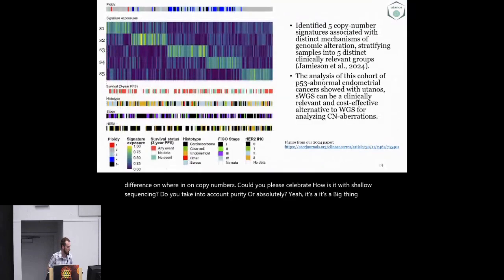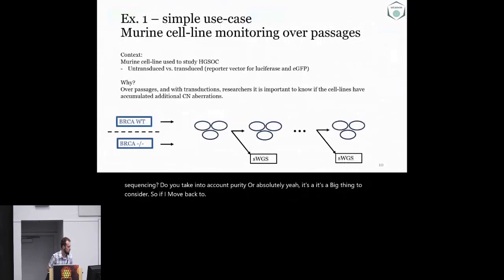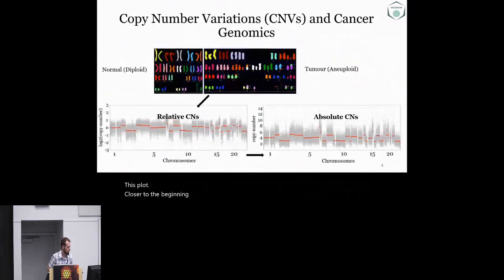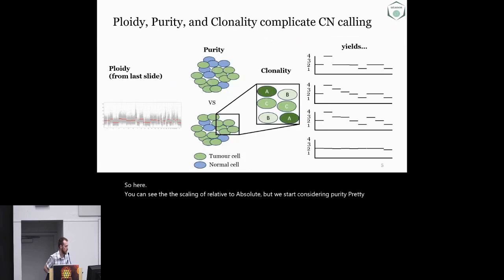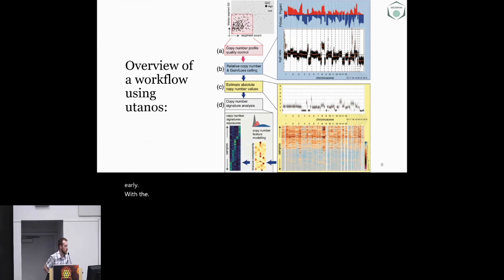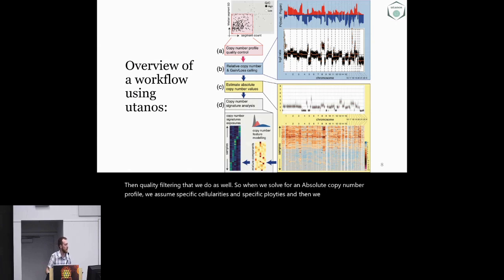If I move back to this plot closer to the beginning of my talk, here you can see the scaling of relative to absolute, but we start considering purity pretty early with the quality filtering that we do as well. When we solve for an absolute copy number profile, we assume specific cellularities and specific ploidies, and then we calculate mean absolute deviation for probability of that ploidy, and then the lowest one is the one that we choose.